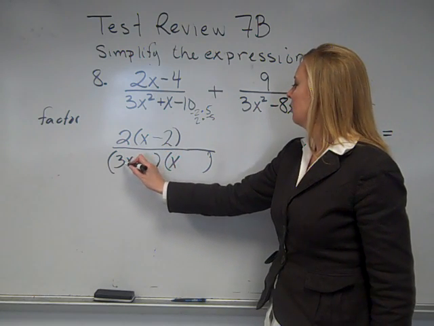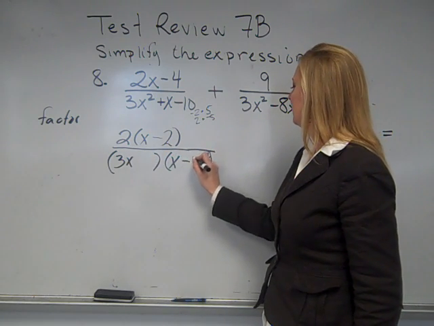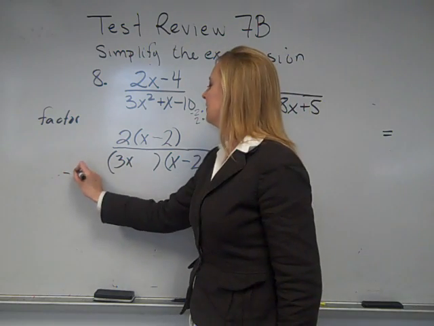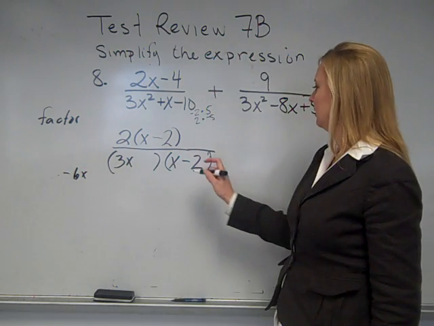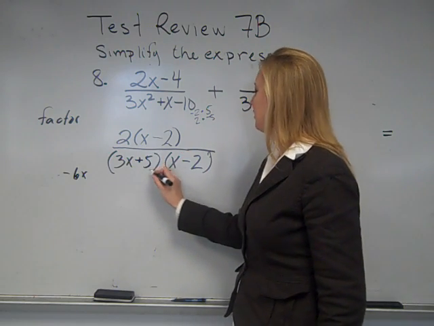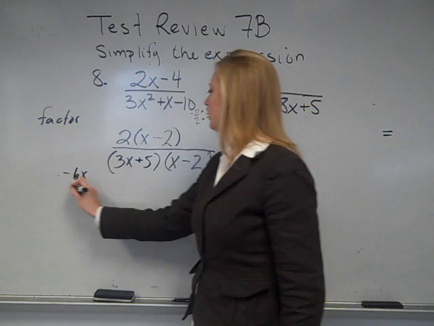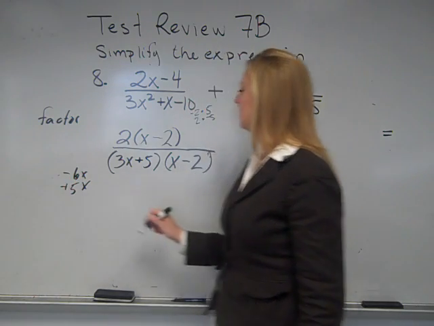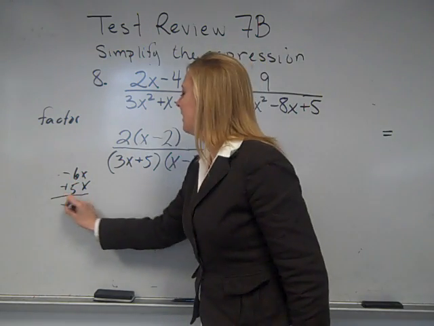Let's see. 3 times negative 2 would give us a negative 6x. 5 times x would give us a positive 5x, which adds up to negative x.